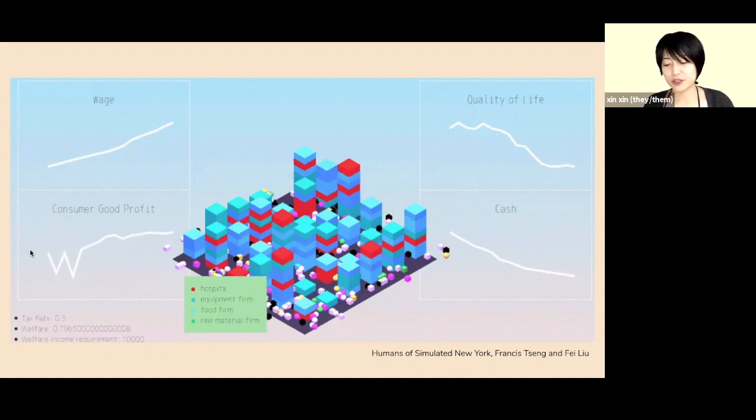What we're seeing here is called The Humans of Simulated New York by Francis Tseng and Fei Liu. This project uses a simulation technique called agent-based modeling, in which the system is represented by individual agents. In this case, these are people that have predefined behaviors. This simulation was based off of the New York Census data.